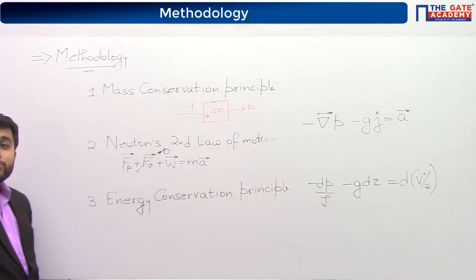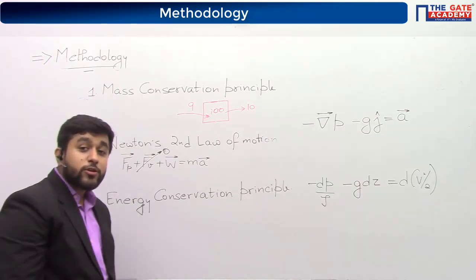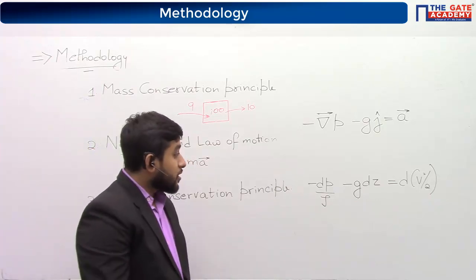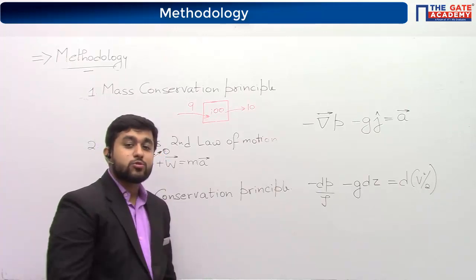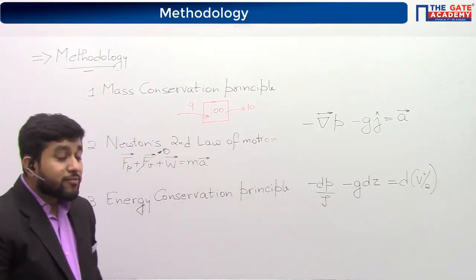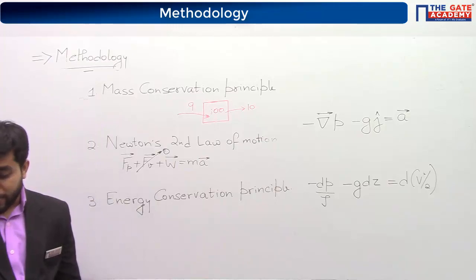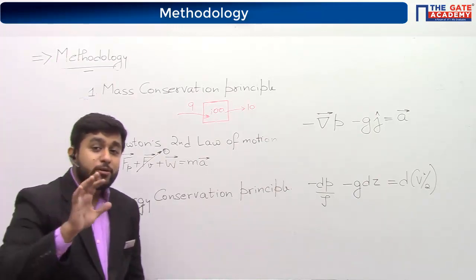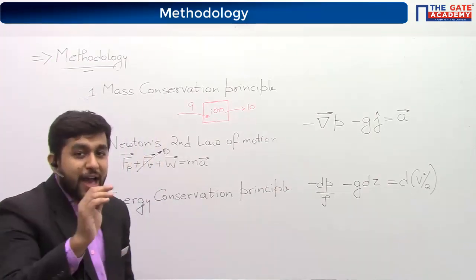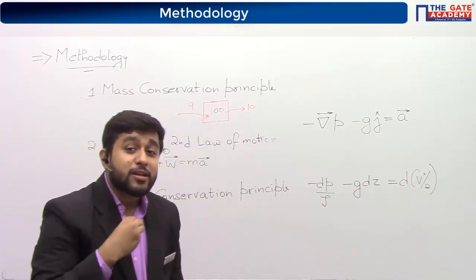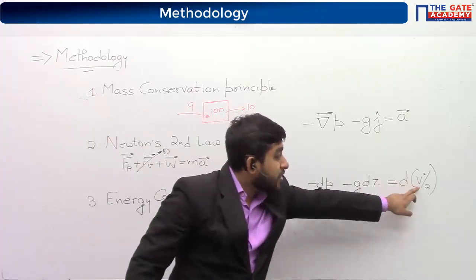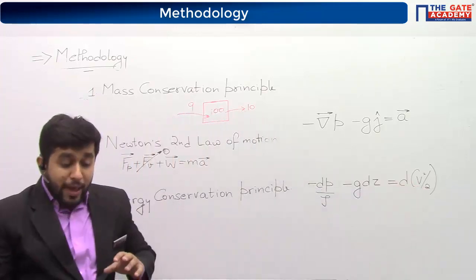So these are the 3 equations which we are going to use in our fluid mechanics. The first one is the mass conservation principle, the second one is Newton's second law of motion, and the third one is the energy conservation principle. Now I hope you are able to see that in these equations we have some terms: pressure, density, viscosity, velocity.